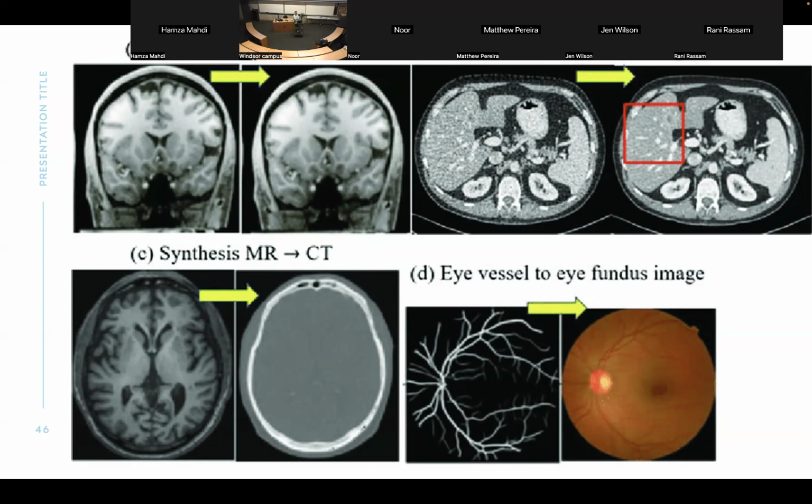That's pretty cool. There've been attempts at synthesizing CT scans from MRI scans. You can see here bottom left, there's an actual MRI scan, and they synthesize a CT scan in case a physician is more used to looking at a CT scan to detect a hemorrhage.